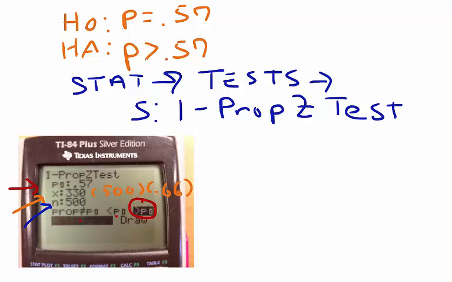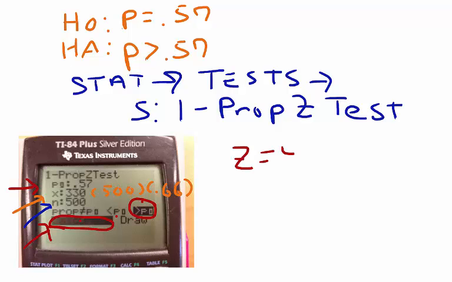Below this, you have the option to select either calculate, which is obscured because we have it highlighted, or draw. Calculate is what you want. So you highlight this and then you press enter. When we press enter, we get the following results.